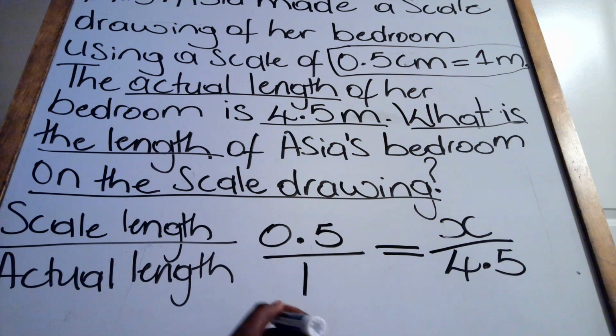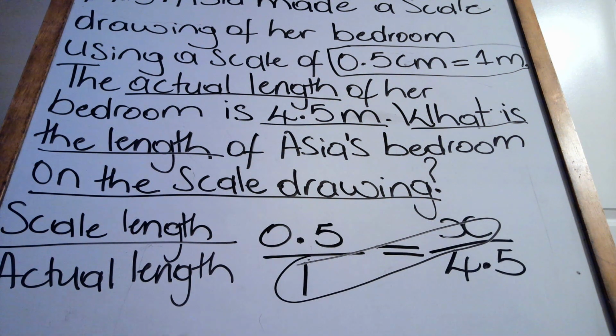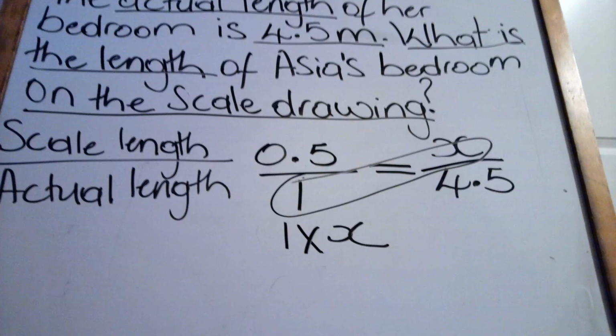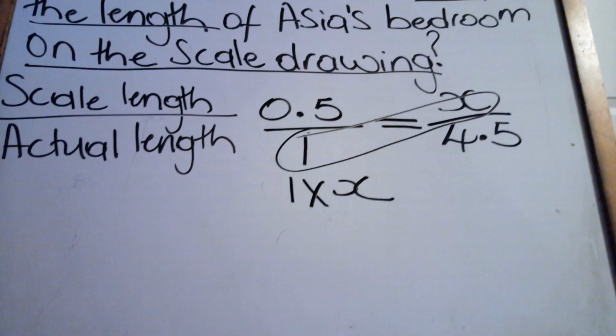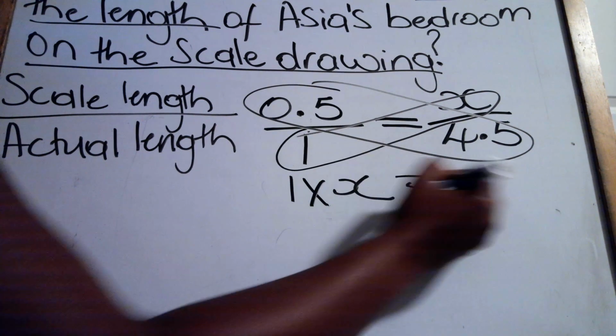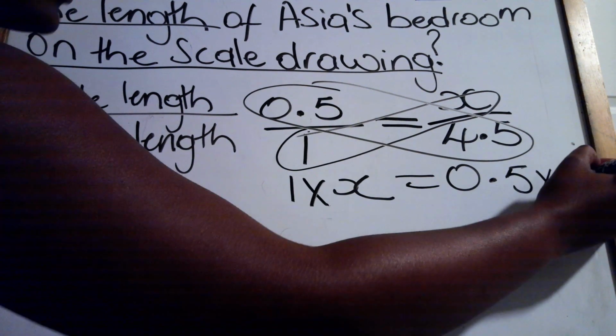So we cross multiply: 1 multiplied by x, and we have 0.5 multiplied by 4.5.